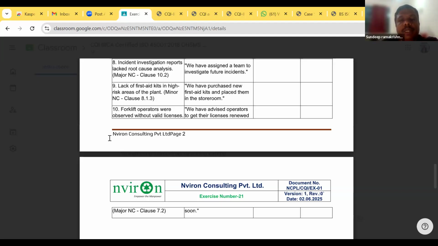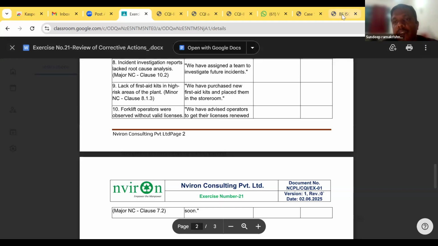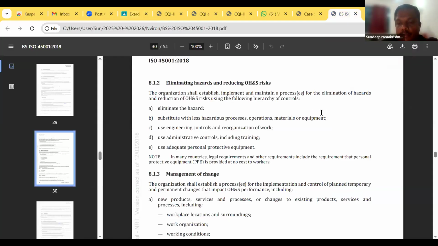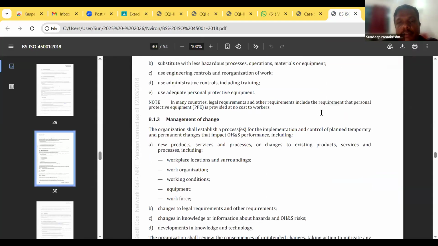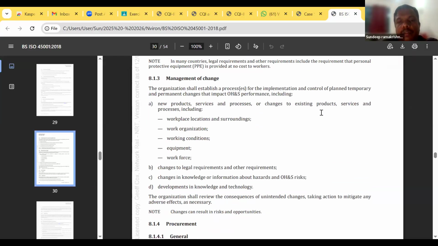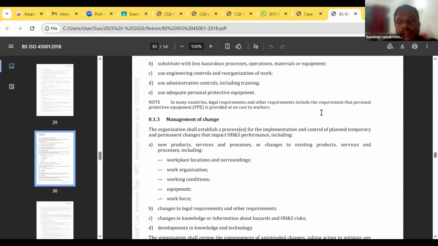I've given it as a minor NC under 8.1.3, Management of change. What are your answers, delegates?